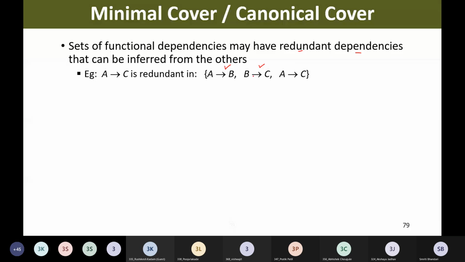If these two are satisfied, obviously A to C must be satisfied. So we may say that the functional dependency A to C is redundant in this set. Do you agree with me?